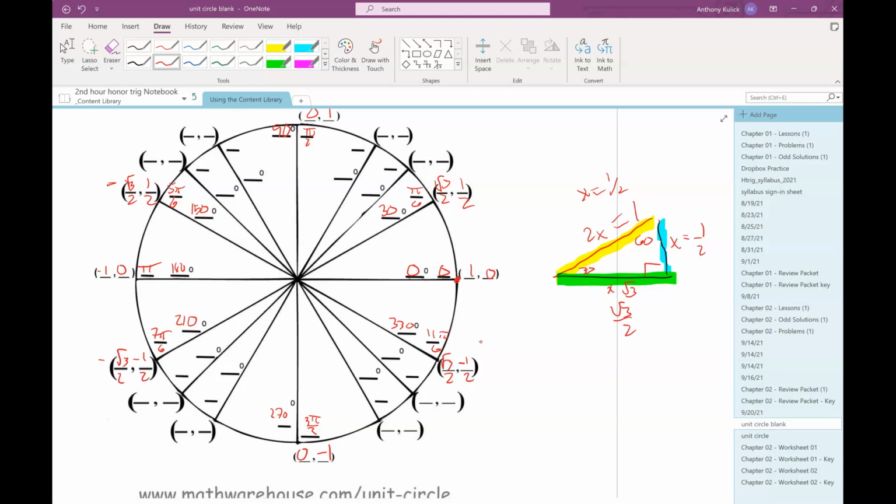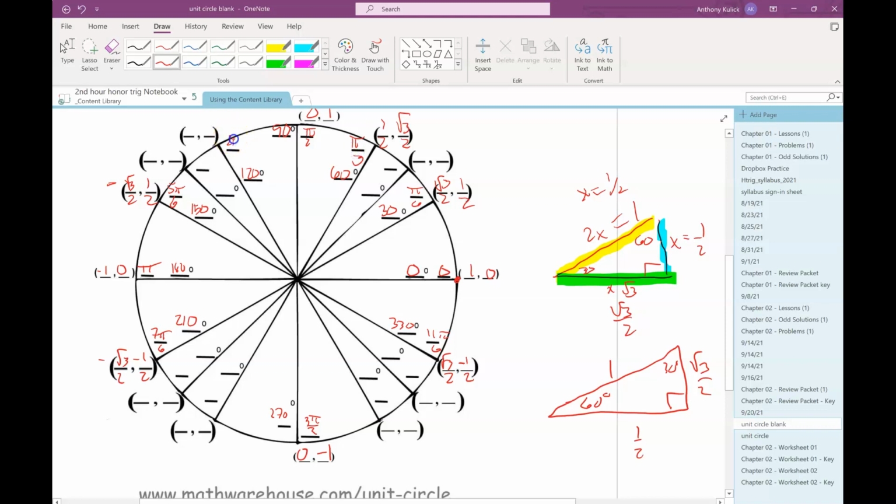The 60-degree angle, well, the x and y's are just going to be flipped, right? If I drew the same triangle with the 60 here, everybody's okay there? So let's go ahead and fill the rest of those in. So that's pi over 3.